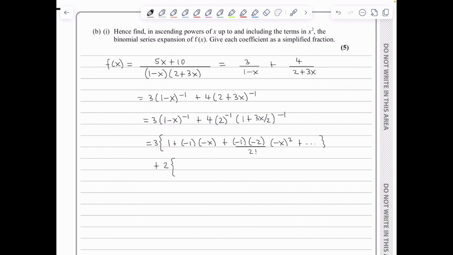And the binomial expansion of (1 + 3x over 2) raised to the negative 1 will be 1 plus the negative 1 times the 3x over 2 plus the negative 1 times the negative 2 over 2 factorial times (3x over 2) squared plus dot dot dot.